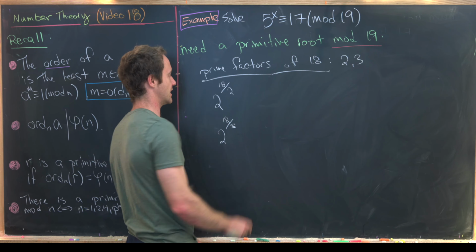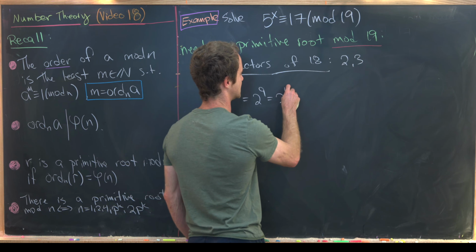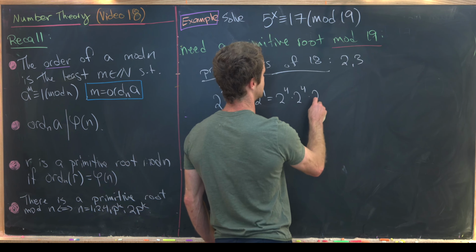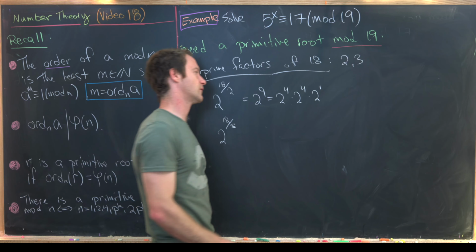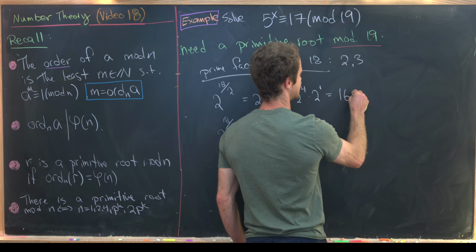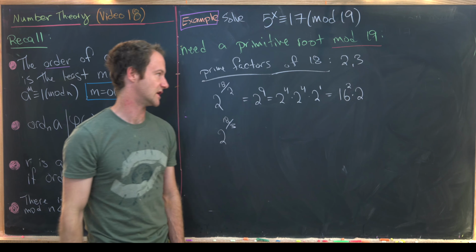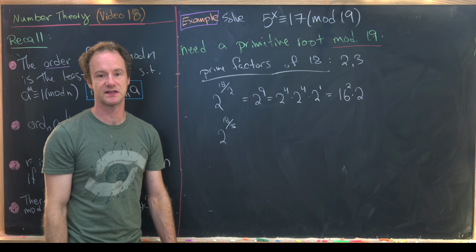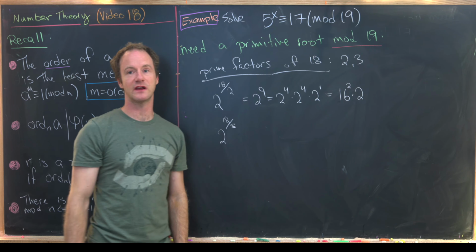Okay, great. So 2 to the 18 over 2 is clearly 2 to the 9, which is 2 to the 4 times 2 to the 4 times 2 to the 1, just by arithmetic. But 2 to the 4 is 16, so this is 16 squared times 2, because both of these are 16. But notice that 16 is negative 3 mod 19.